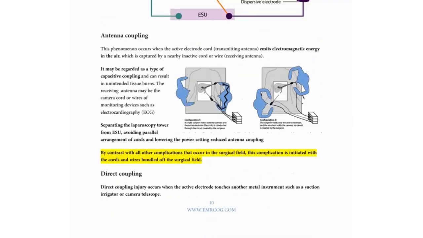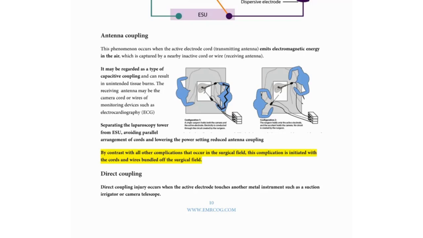Direct coupling. What is direct coupling? When the active electrode touches another metal instrument by mistake. This is direct coupling, not direct application. So, for example, you are having a scissors over the abdomen of your patient, and you are doing diathermy, and the diathermy is still on.